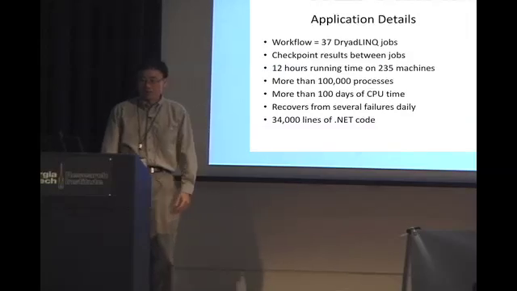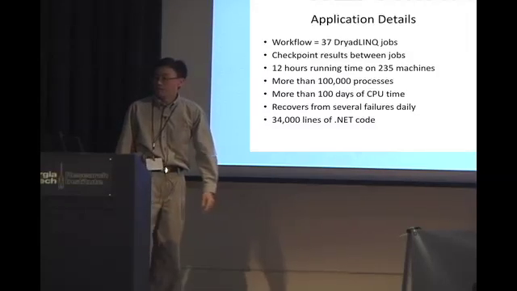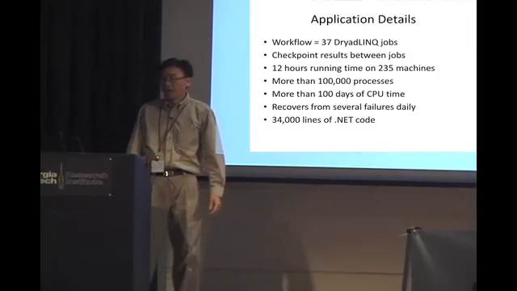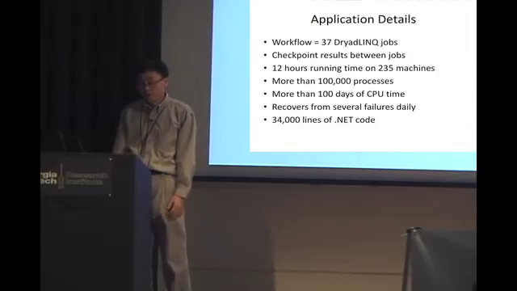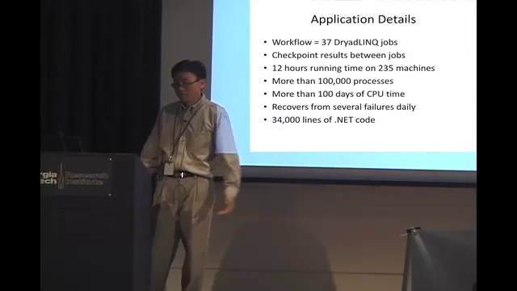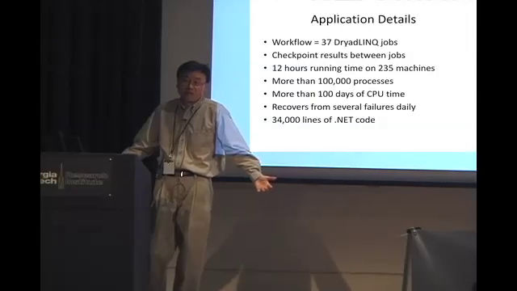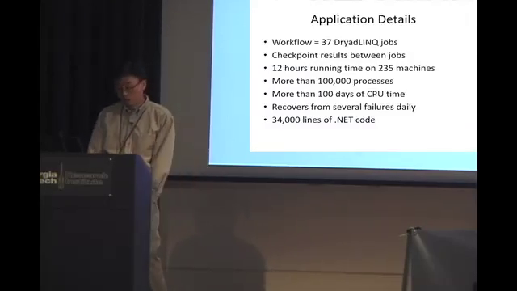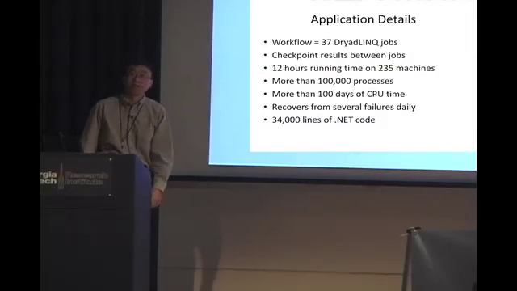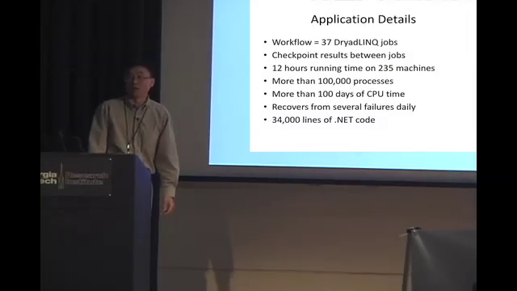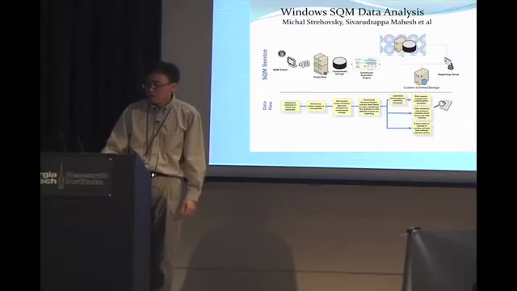This application consists of 37 DryadLINQ jobs, and it's 12 hours of running time on 235 machines. Every day we have to recover from a few failures, so fault tolerance is extremely important. Altogether, this is 35,000 lines of code.